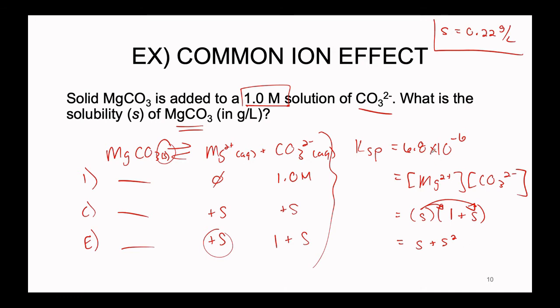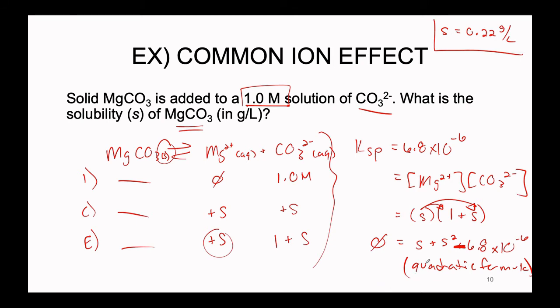So we're going to subtract it to the other side, because currently it's sitting right here. We're going to subtract 6.8 times 10 to the negative 6. And this gives us a way to use the quadratic formula to solve for what our S is going to be equal to. Now, I'm not going to show all of that work. I leave that algebraically as practice for you.